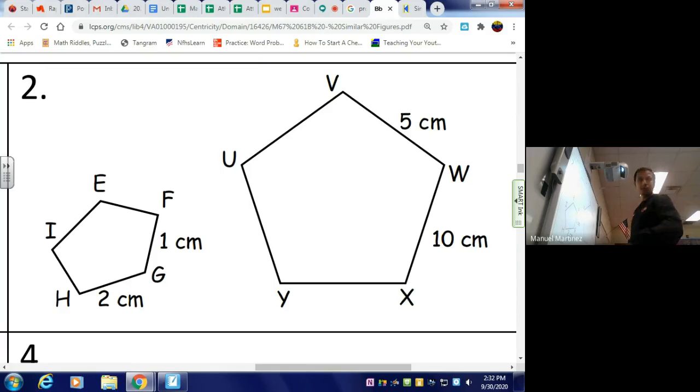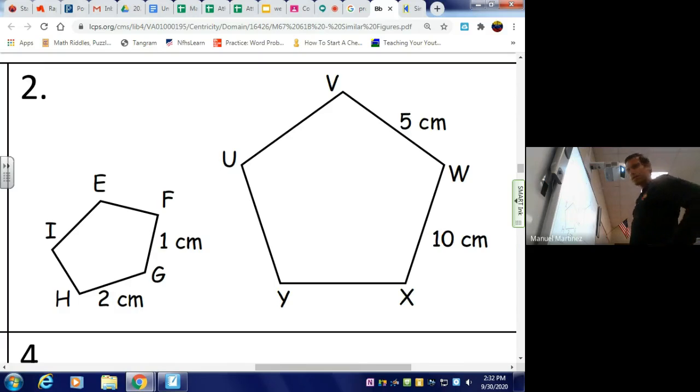By the way, there was at least one more way to solve that proportion in the previous problem. It was simplifying, okay? Putting the ratios in the simplest form. That would also give you the answer. I just wanted to mention it.